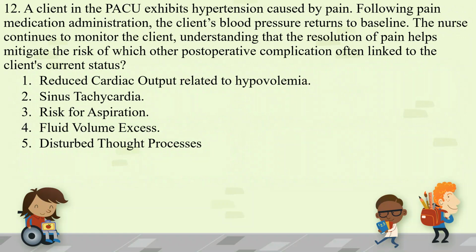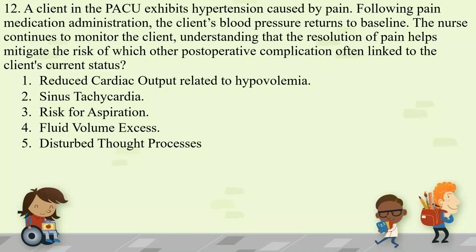So those are separate causes of decreased or increased cardiac output. So hypertension may be caused by fluid volume overload. The scenario specifies the initial cause was pain, not volume status. And aspiration risk is linked to gastric contents entering the lungs and factors like obesity or depressed level of consciousness, not directly to pain resolution.